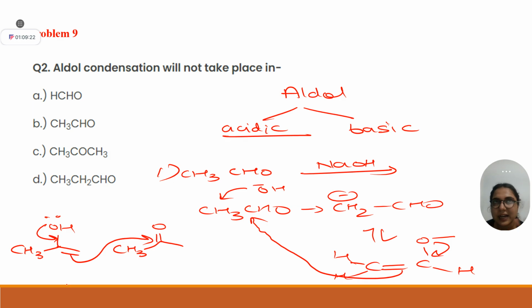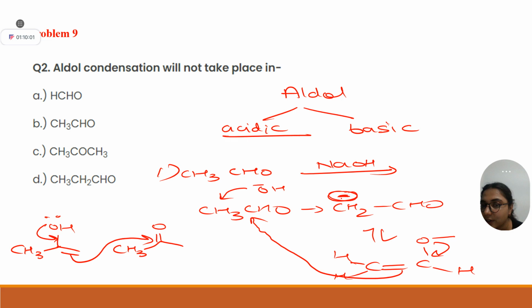In Clayden, I think the fourth or fifth chapter shows how to write mechanisms. For competitive exams you should know how to write the product easily. But when you write your end semester exams, there you have to go by the concepts. So in the acidic mechanism, you can't write this carbanion, because in acidic conditions the carbanion cannot remain negative. It will be protonated, right?